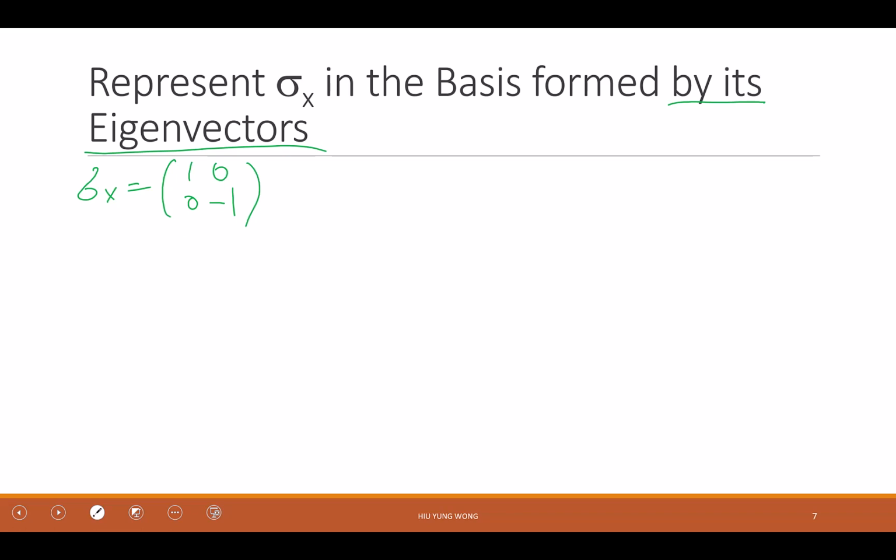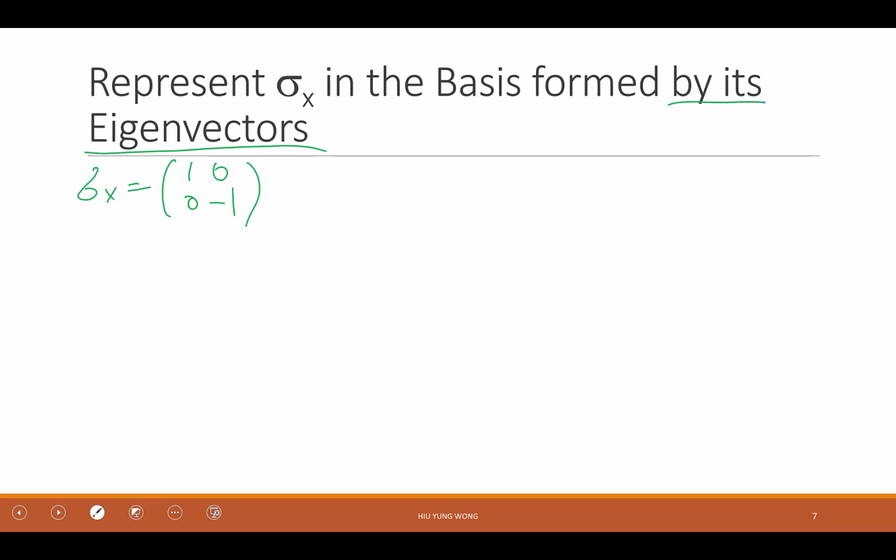So when sigma z is written in the basis formed by sigma z's eigenvectors, it is 1, 0, 0, negative 1. Now, if I write sigma x in the basis formed by the eigenvectors of sigma x, it is also 1, 0, 0, negative 1.